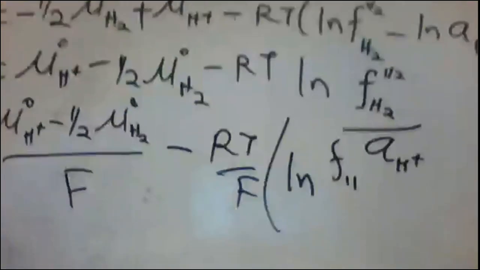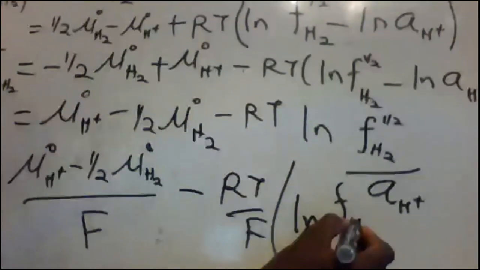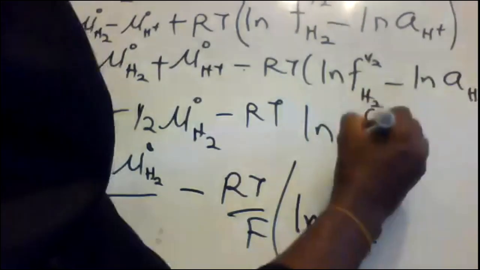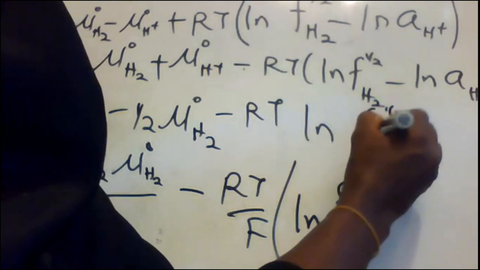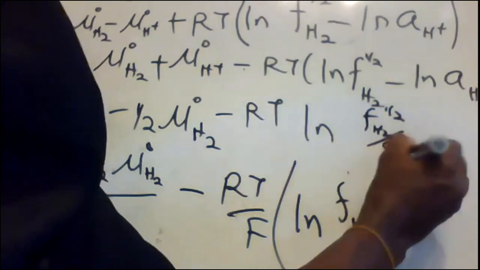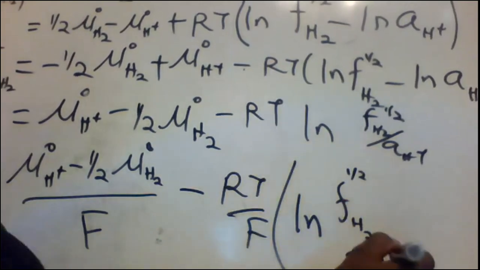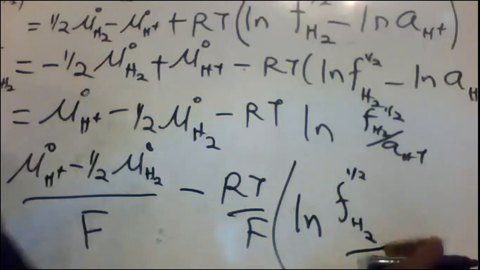Oh, that's better now. F ln H2. Let me move this up a bit so it doesn't confuse you. F half H2 over AH plus. So this is F half H2 over AH plus.